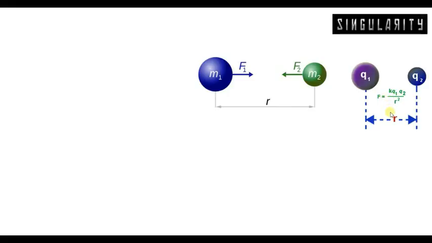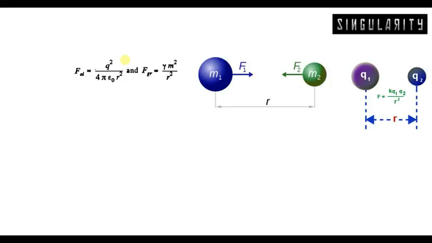So let's see the formulas used. The formula for the electrostatic force is q square by 4 pi epsilon naught r square, and for gravitational it's gamma m square by r square. Gamma is the gravitational constant, and there is a q square and m square in this formula because we are dealing with identical particles.